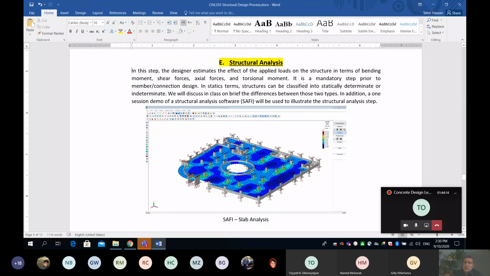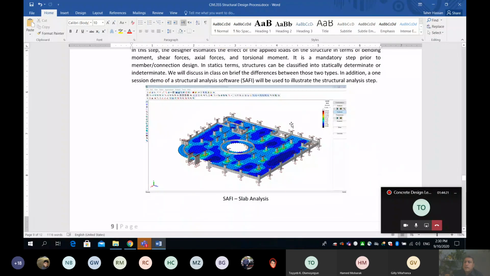And I'm providing in this document a few snapshots. You can see here, this snapshot is from SAFE. It's an analysis for a slab, a flat slab with some edge beams and some columns. SAFE is able to use all the loads and use a finite element model to find the bending moment.